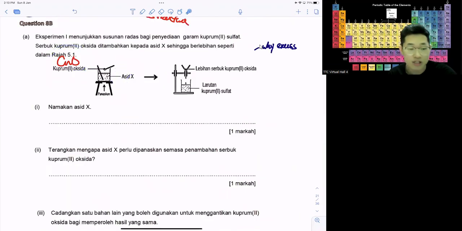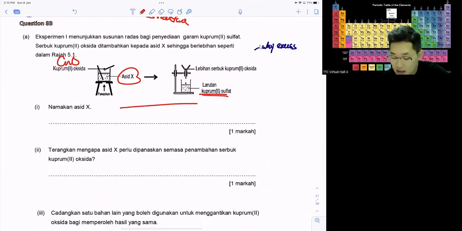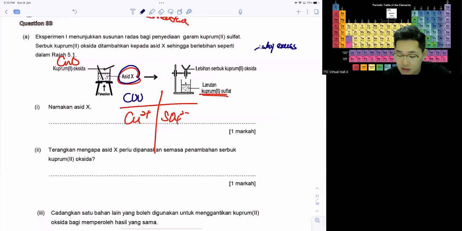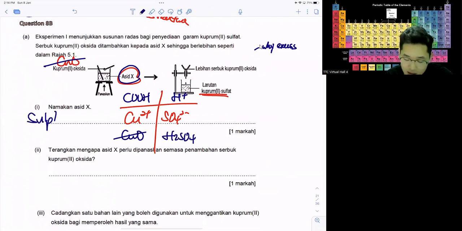So what kind of acid X will get you in the end the copper 2 sulfate solution? So the salt I want to make is CuSO4. I need to find acid X as my material. I already have CuO. So all I need now is the sulfuric acid.